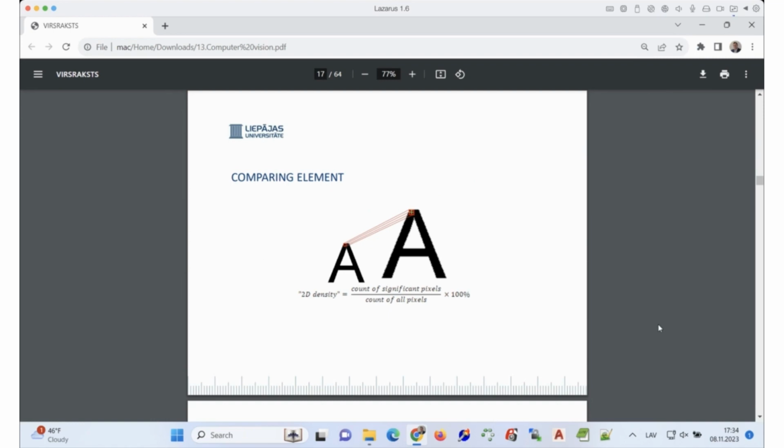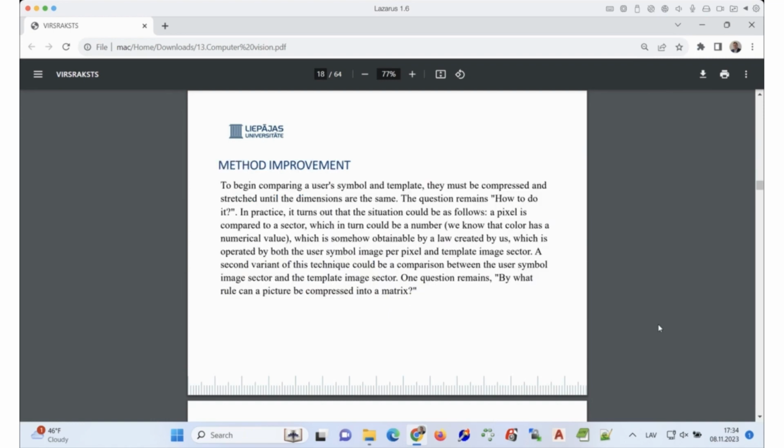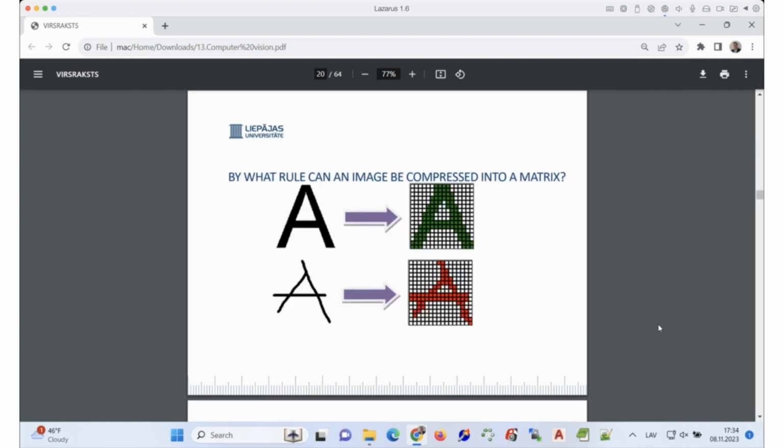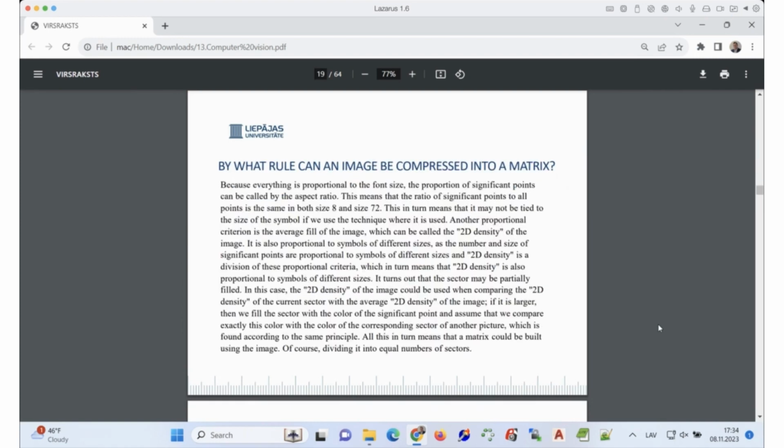So not a pixel anymore, but something that represents the area. The idea here is very simple. Why does such a split into areas work?